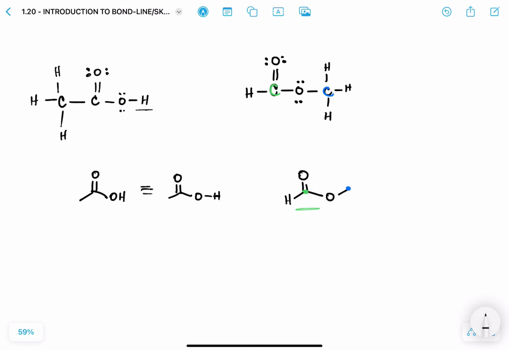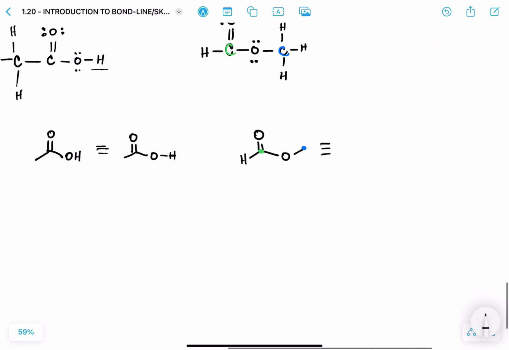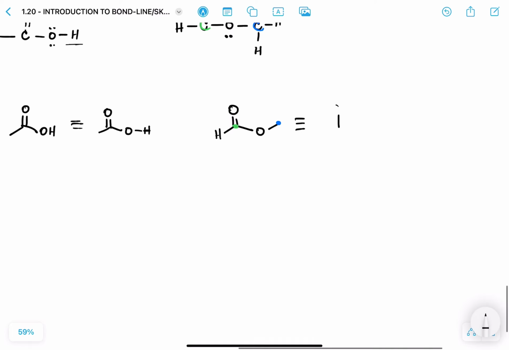That's that H. Now, a lot of people with aldehydes, for whatever reason, will draw the skeletal structure like that, and that would also be correct, only in the case of aldehydes, right? But this would also be a correct skeletal structure. So aldehydes are a little bit tricky in the sense that people draw them with an H there as well.